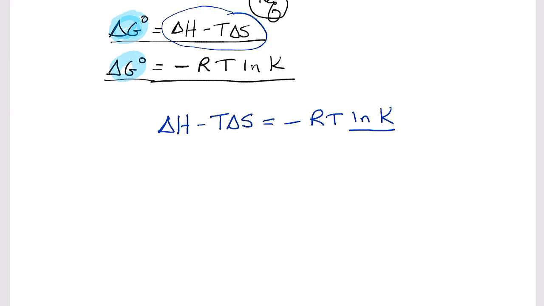So we're going to solve for ln of K: delta H minus T delta S, divided by negative RT.